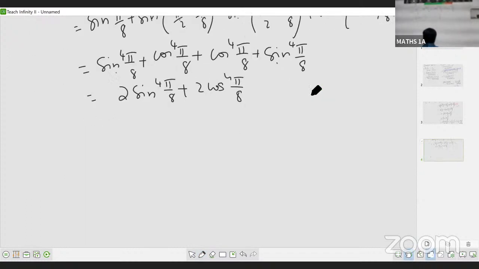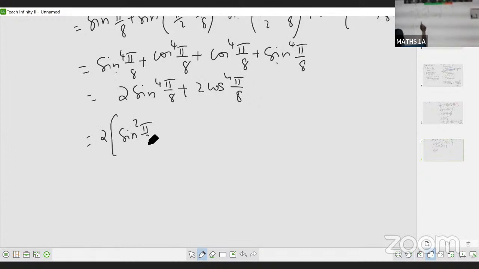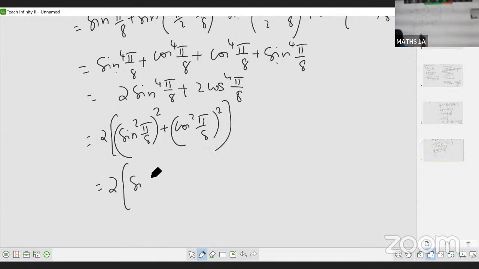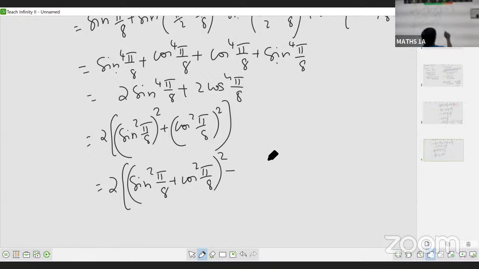Okay, take 2 common: sine power 4 pi by 8 plus cos power 4 pi by 8. That is 2 into sine square pi by 8 plus cos square pi by 8 whole square, minus 2 sine square pi by 8 cos square pi by 8.